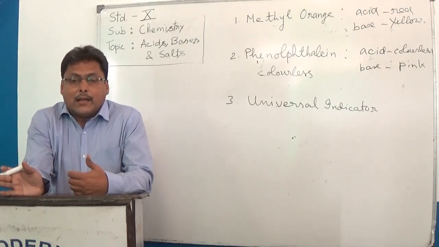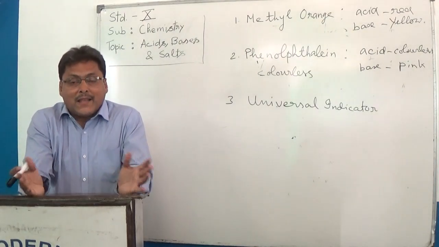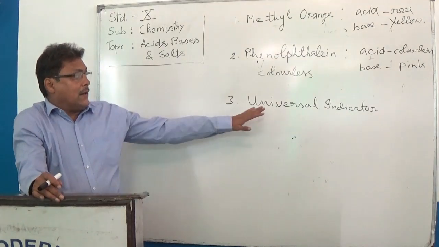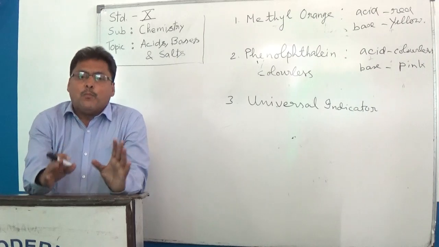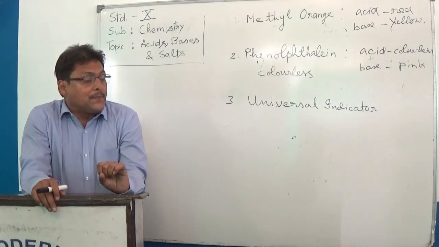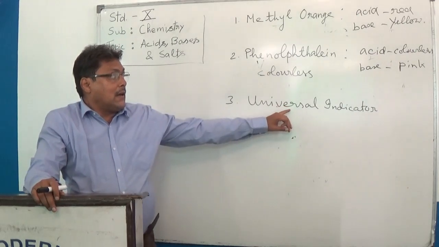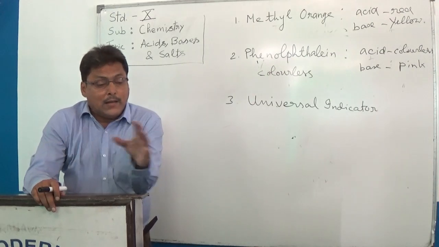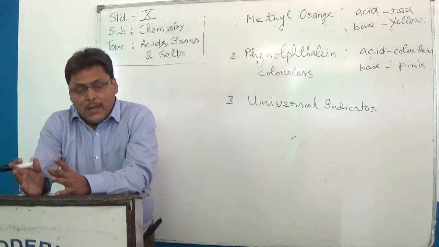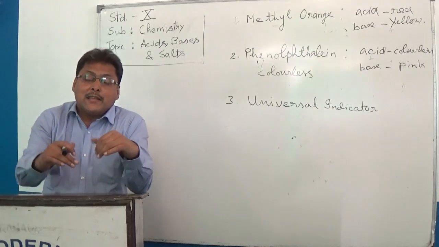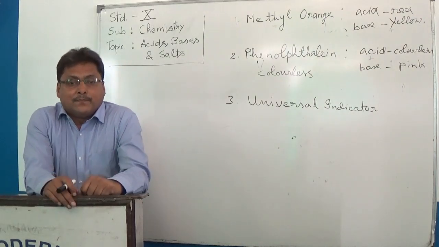But in a proper laboratory, we see different kinds of acids and different kinds of bases. This universal indicator is the most dependable for laboratory work. Because universal indicator does not only indicate what is an acid and what is a base, it changes color 14 times.